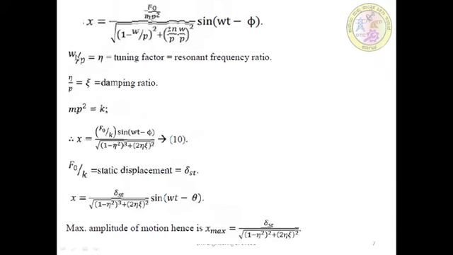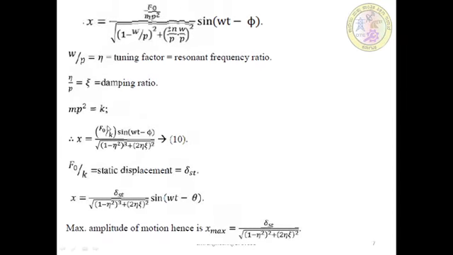If the frequency ratio is equal to 1, that is called the resonant frequency ratio. Then beta is n divided by p, that is the damping ratio, and m p square is equal to k.